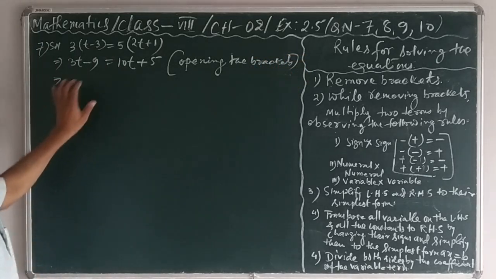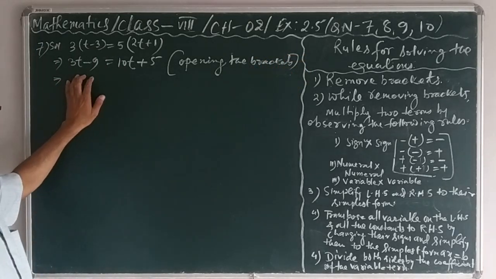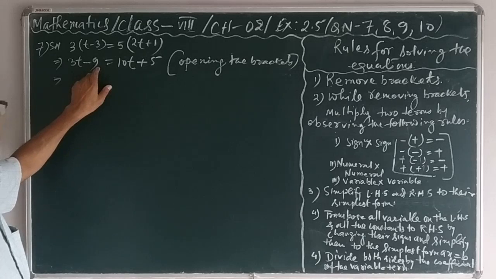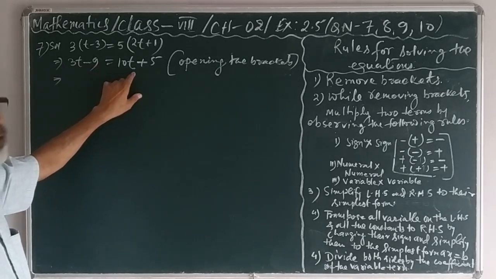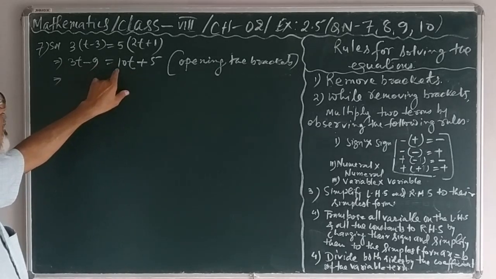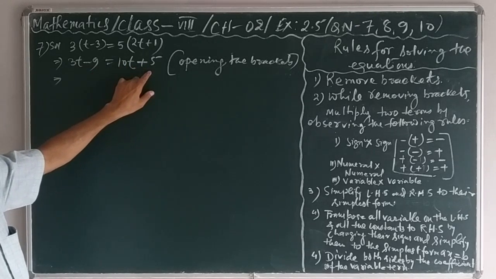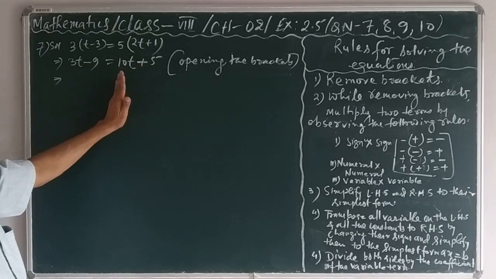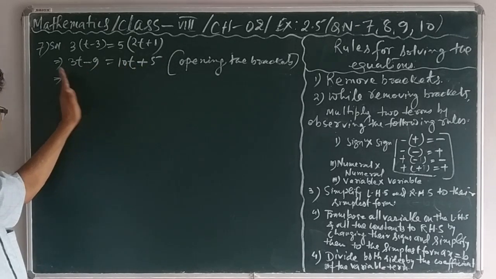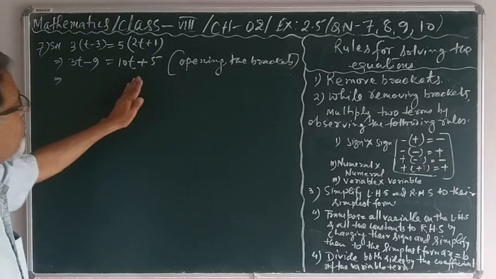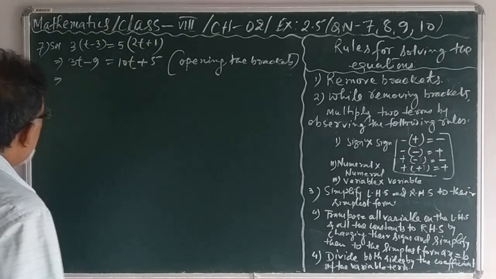Now on the LHS there are two terms, one term is a variable, one term is a constant. Similarly on the RHS two terms, 10t which is a variable, and this is a constant. We will write all variables on the left hand side and all constants on the right hand side.